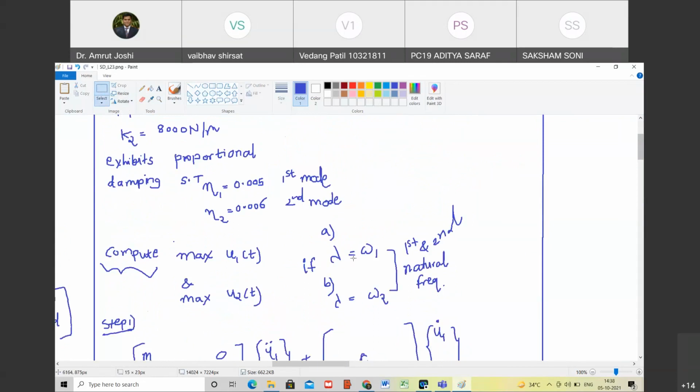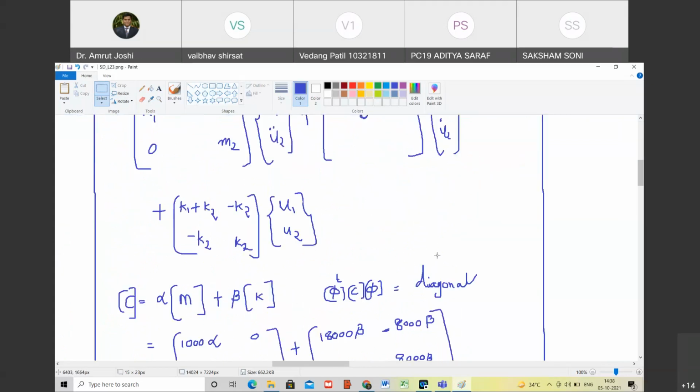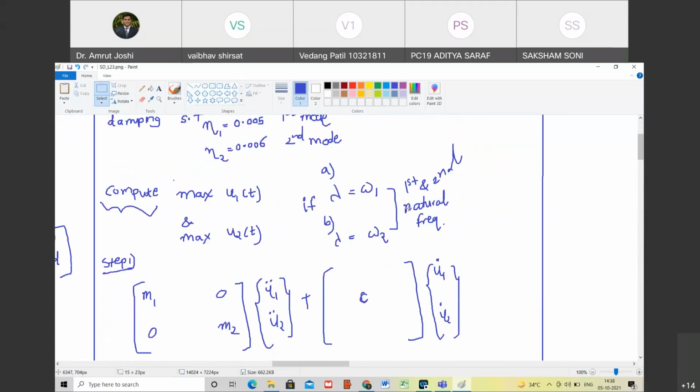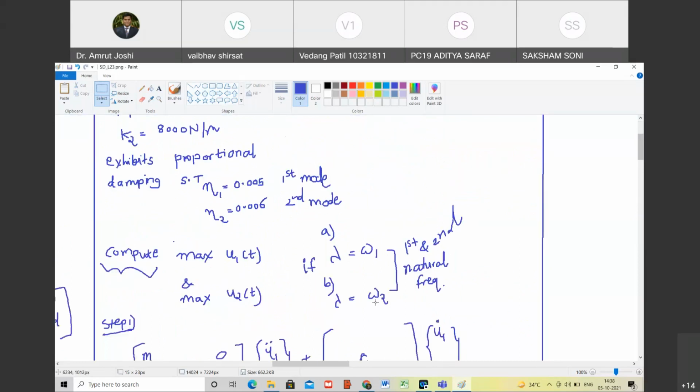So when lambda is equal to omega 1, omega 1 is how much? 1.6026 radian per second. Happy? And when lambda is equal to omega 2, what is the response of the system? We have to see that. Are you with me?